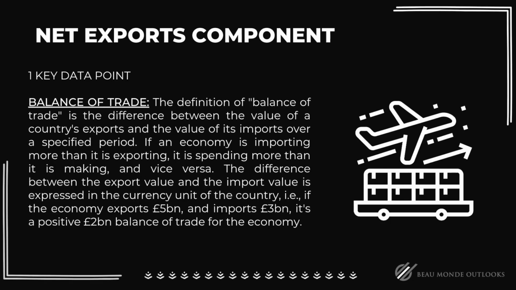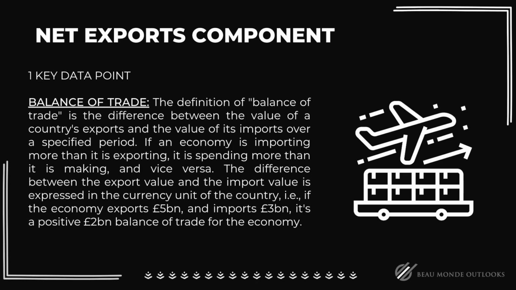Net exports components. There is one key data point that represents net exports and it is balance of trade. The definition of balance of trade is the difference between the value of a country's exports and the value of its imports over a specific period. If an economy is importing more than it is exporting, it is essentially spending more than it is making, and vice versa.